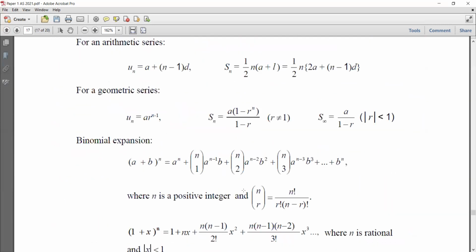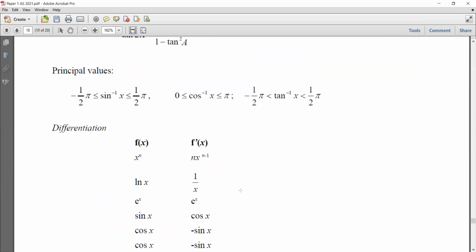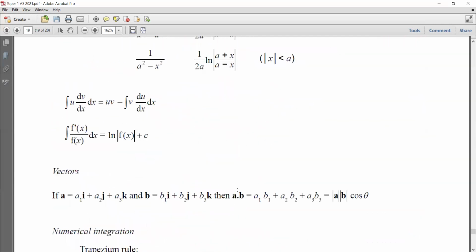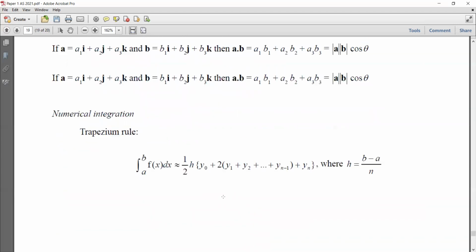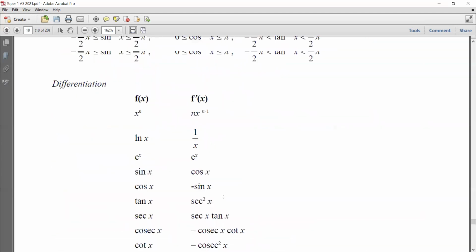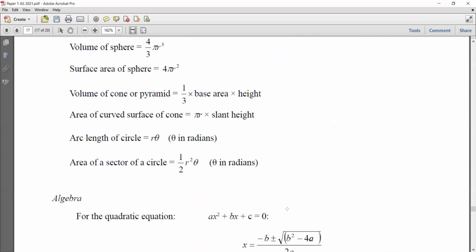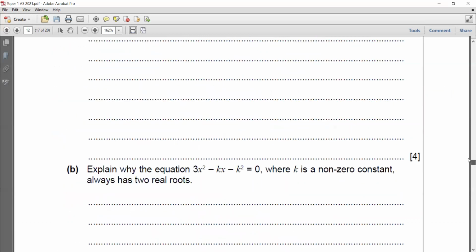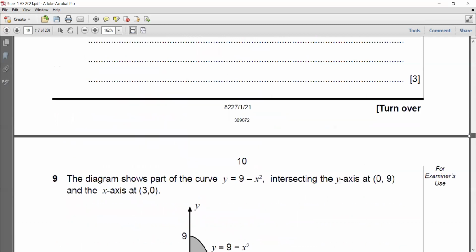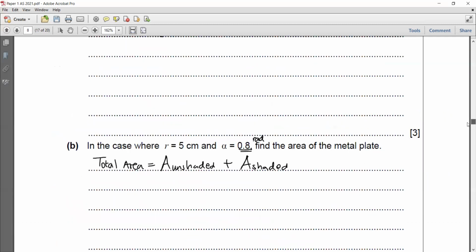Okay, so these are the formulas that I'm using. The first one I used was the arc length is equal to r times theta, and this is the formula for the area of the sector. So just about every formula that we use is given at the back.